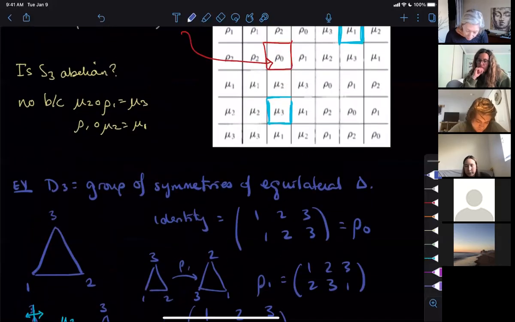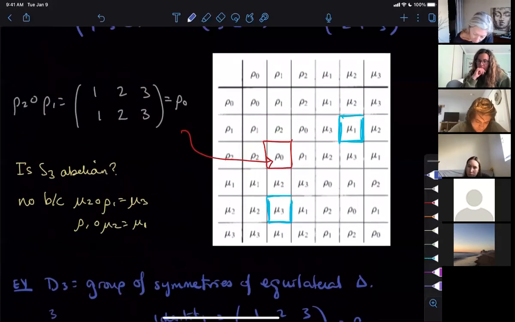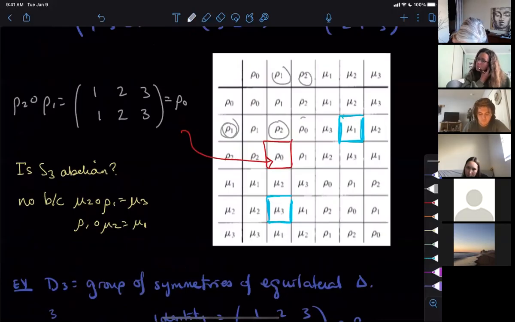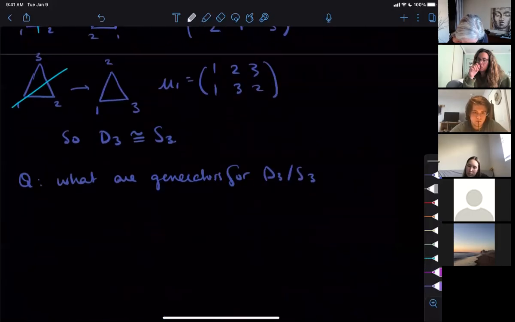What if we include one of the rotations? If we include rho 1, then rho 1 times rho 1 is rho 2. That's good. And rho 1 times rho 2 is rho 0. And now I've got all the rhos. So including rho 1 gets all the rhos.